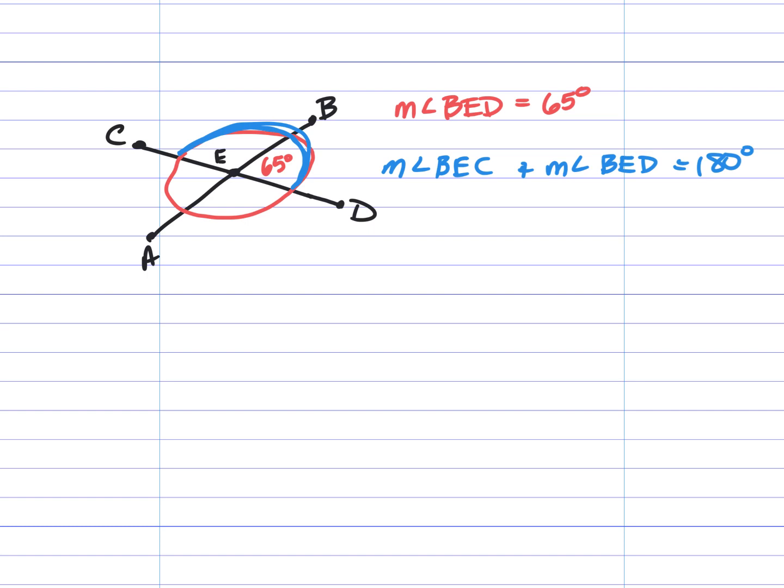This is unique because, and we had a similar example in a previous video, BEC and BED are adjacent and their sum is 180. If two angles are adjacent, meaning they are next to each other and share a ray, in this case ray BE, and their sum is 180, then we call them linear pairs.